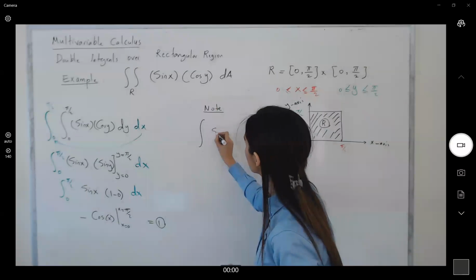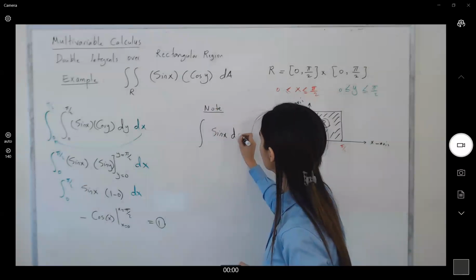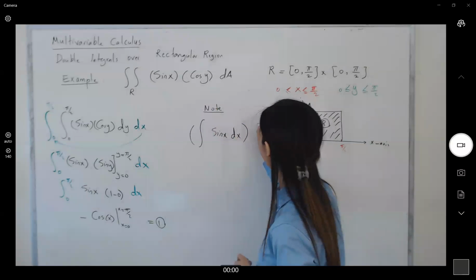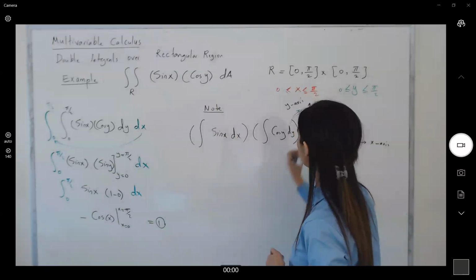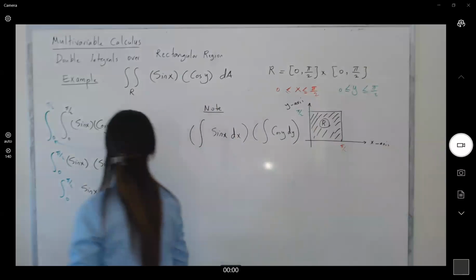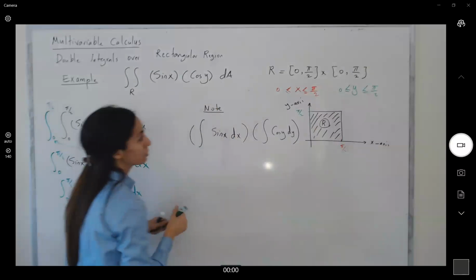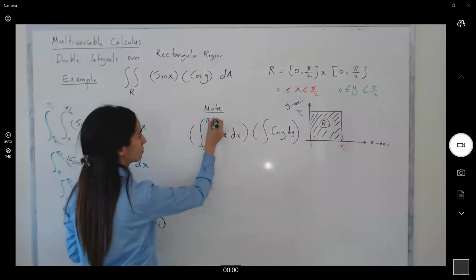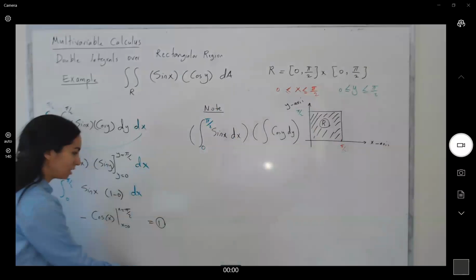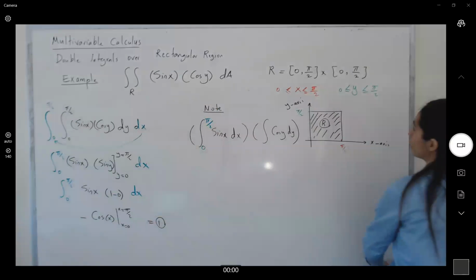So the integral of sine x dx multiplied by the integral of cosine y dy. X is in between 0 and pi over 2. Y is in between 0 and pi over 2.